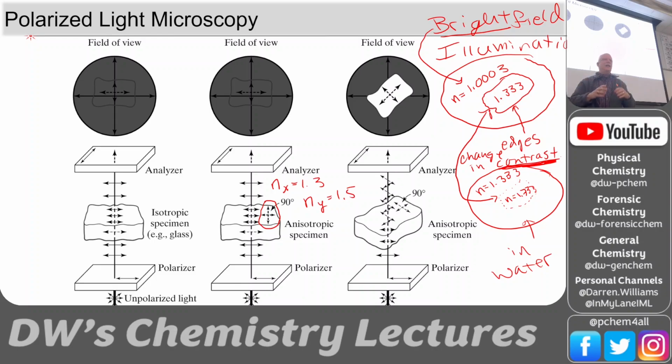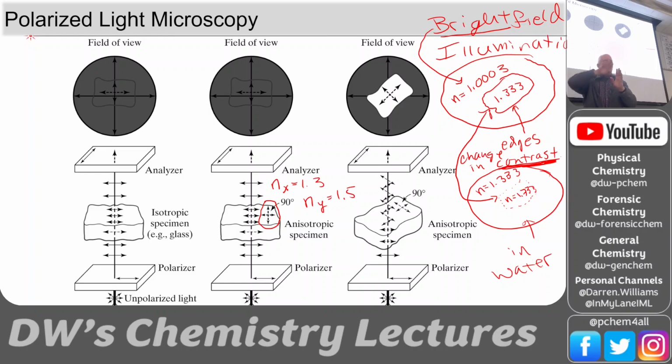But if light is along the x-axis, it's going to slow down more than if it's on the y-axis, or vice versa, however I've got it written. I think the y-axis is slower. That's strange, but if we have that situation, light will rotate when it goes into that substance, because it can go faster at a different angle.